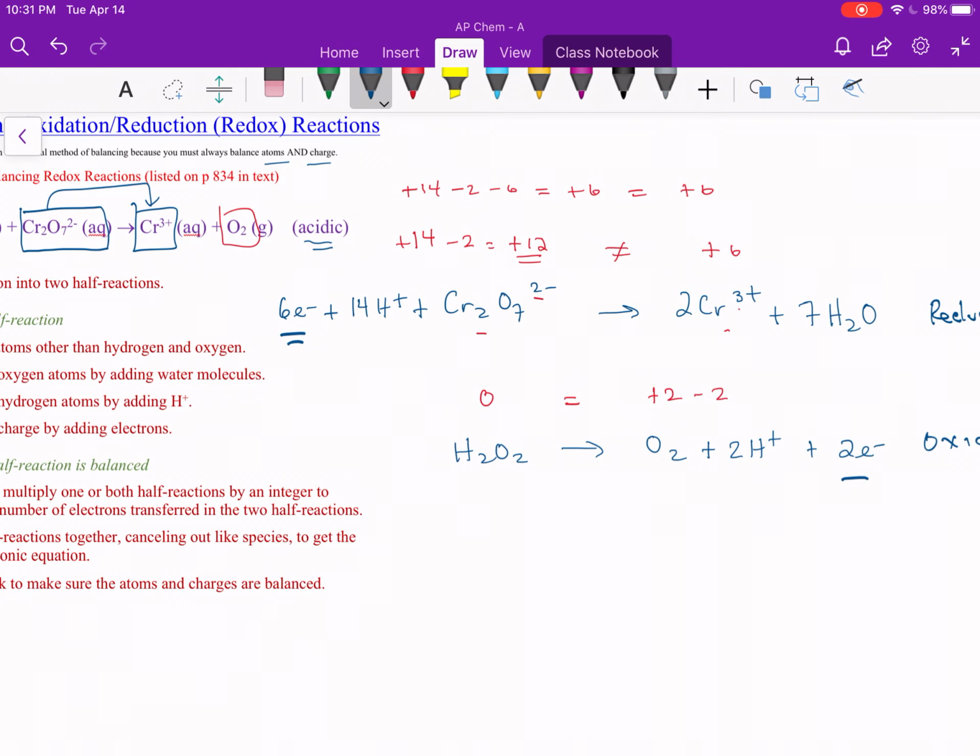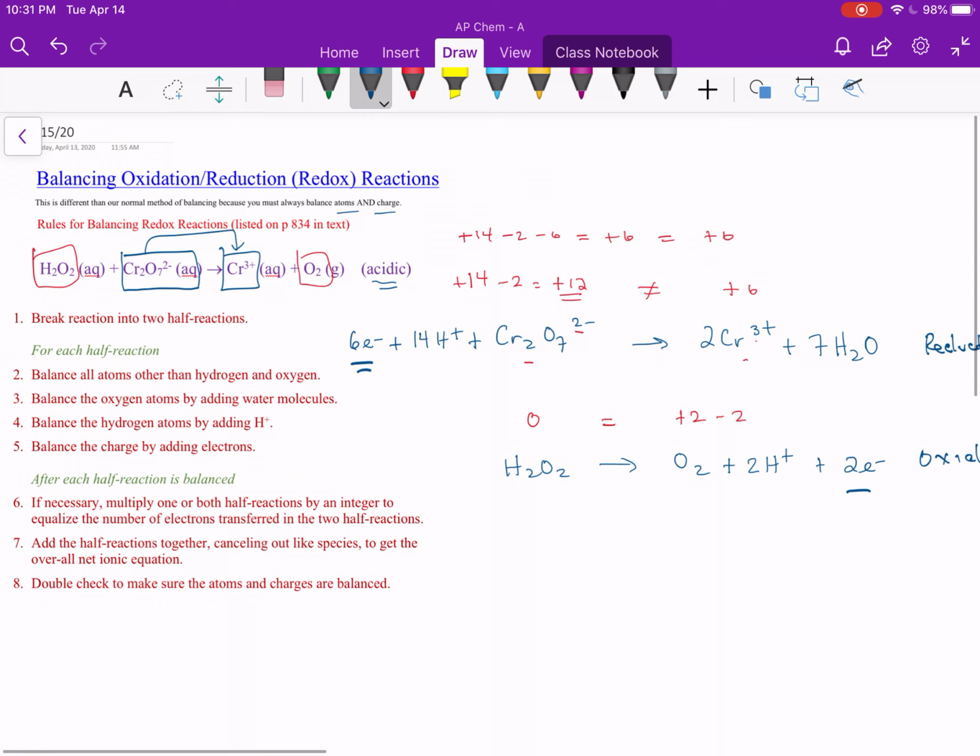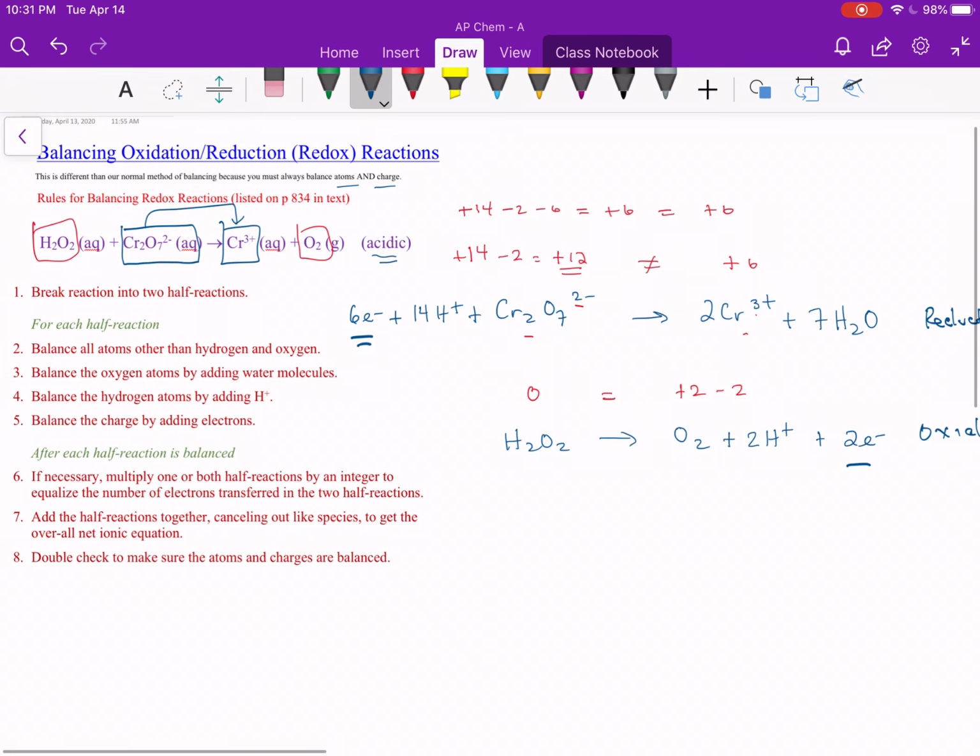You can't have 2 of the same. The electrons have to be on opposite sides. So if one is on the reactant side, then the other has to be on the product side. And if they're not, then you've done something wrong. Make sure you go back and check. So right now we are through step 5. Now we have to get through the rest of the steps.